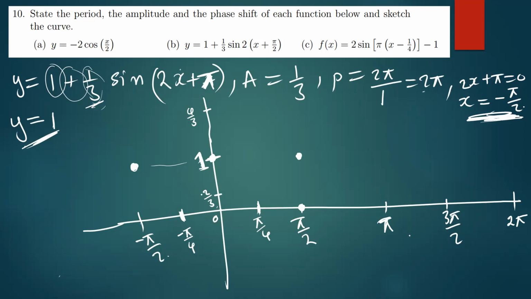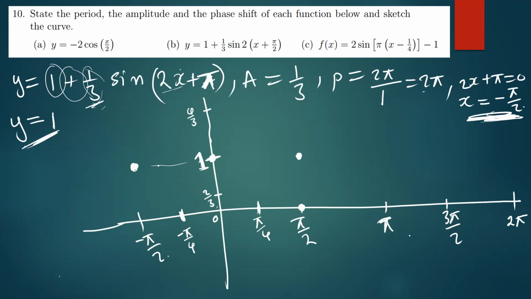So if you put positive pi over 4 there, that's when you're going to have sine 270, which is the same as sine 3 pi over 2.